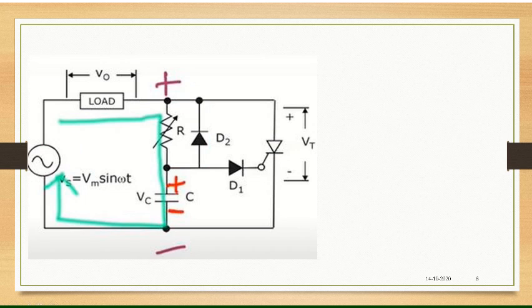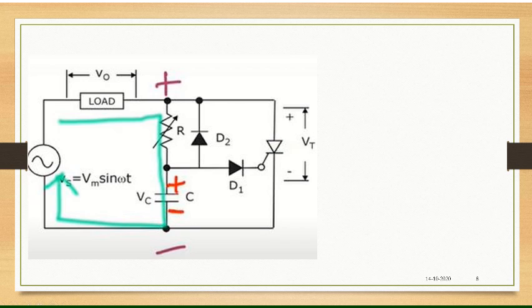Okay, now what happens in the positive cycle? During the positive cycle of the input, the polarity at this point will be positive and here it is negative. So the capacitor will charge via R. Now the upper plate will be positive and the lower plate of the capacitor will be negative, and the capacitor will charge via R. So this will be the path.